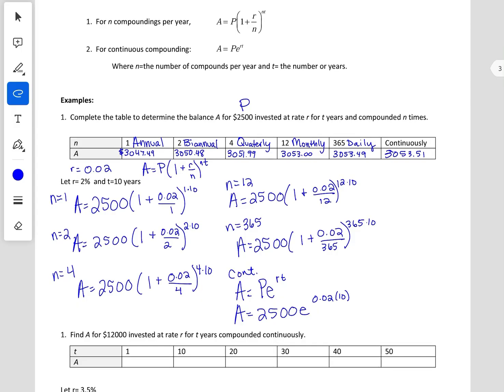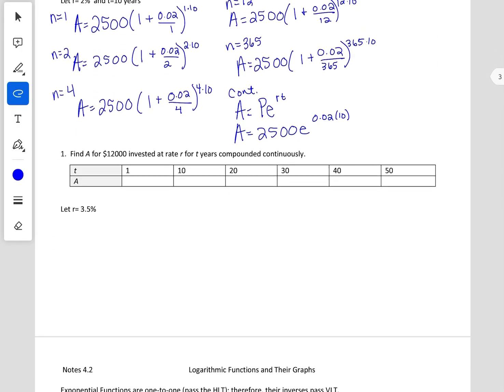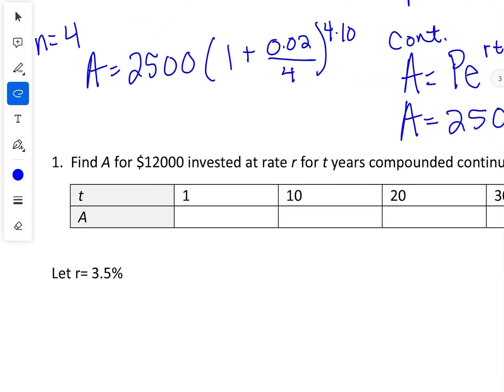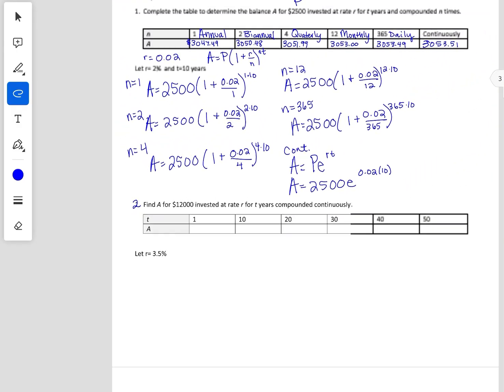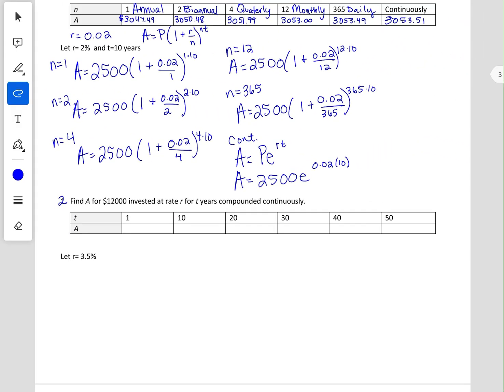All right, so let's keep on going. Let's look at example 2. Find A, which is the balance for $12,000 invested at a rate R for T years compounded continuously. So this one we are going to use the continuous formula. Our rate is 3.5%, so move that over 2 places.